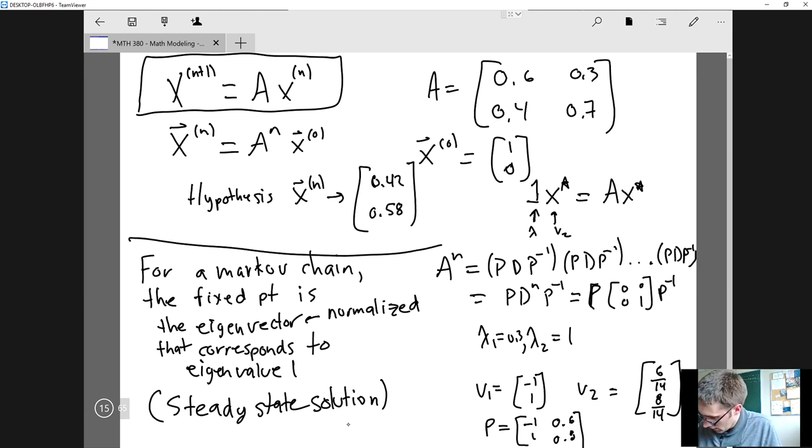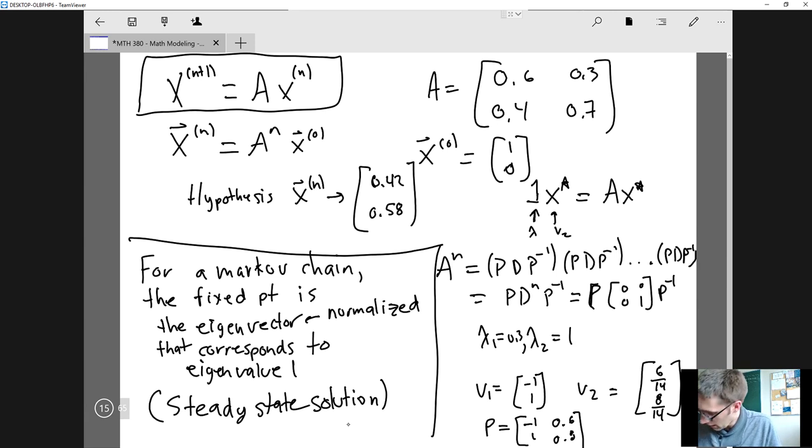So again, the analysis says that when you have a Markov chain, if you want to find the steady state solution, the way to do it is to find the eigenvector that corresponds to eigenvalue 1. And the reason that's the eigenvector that matters is that the terms that have eigenvalues smaller than 1 all go away. And you can actually show that it's not possible to get eigenvalues that are greater than 1 for a Markov chain, due to the properties of the transition matrix. And so only the eigenvector corresponding to 1 sticks around.